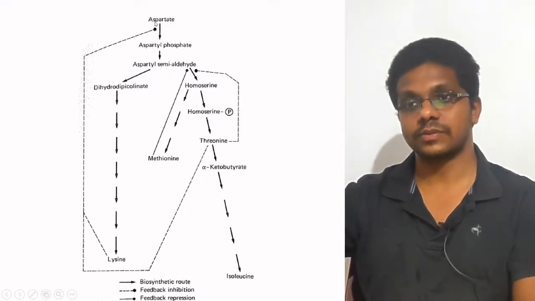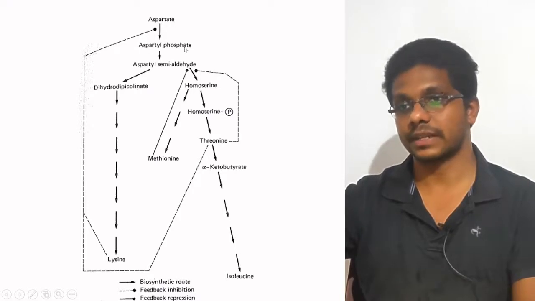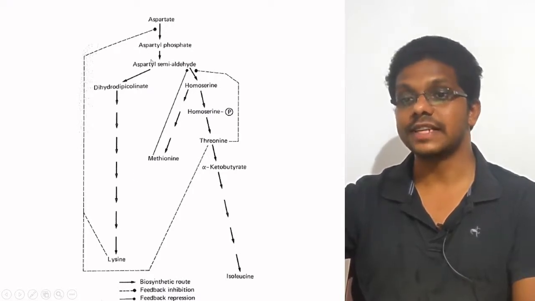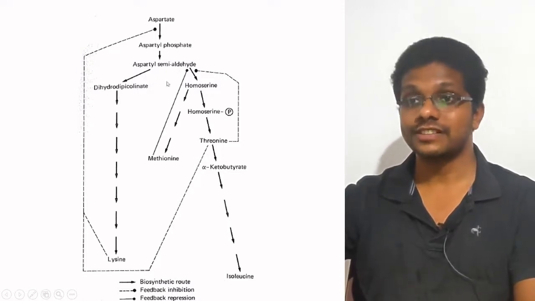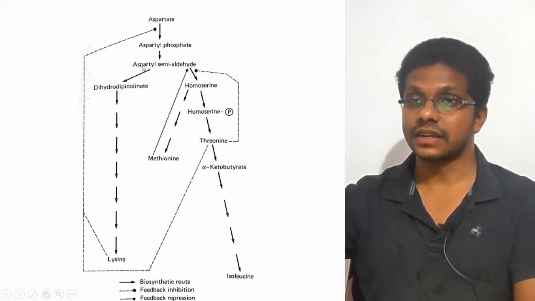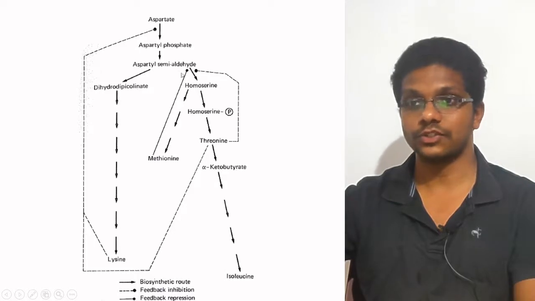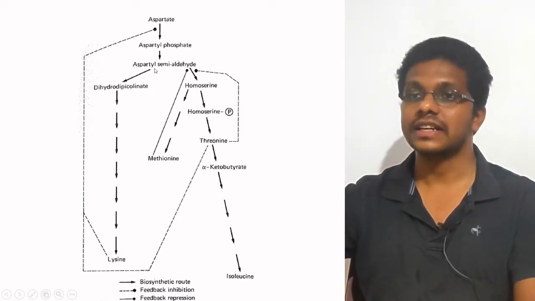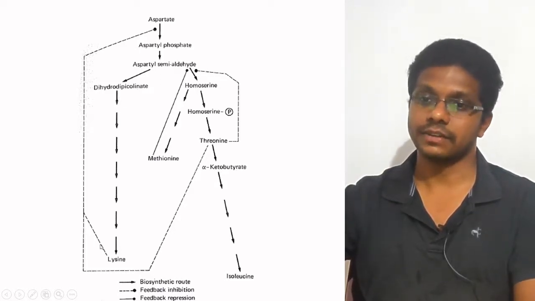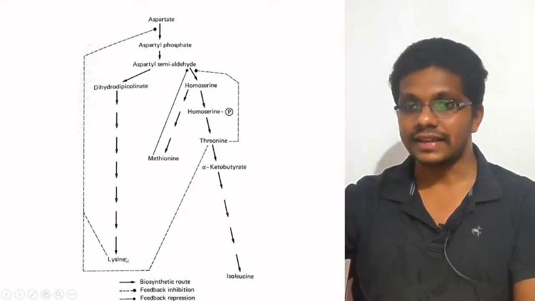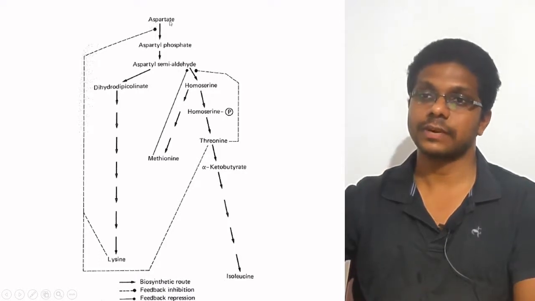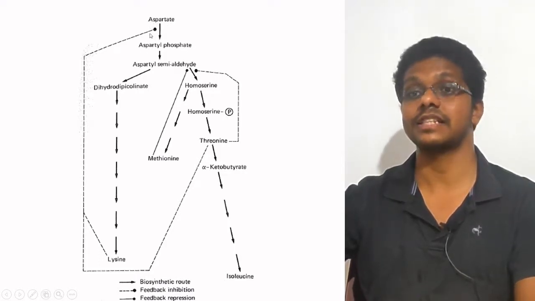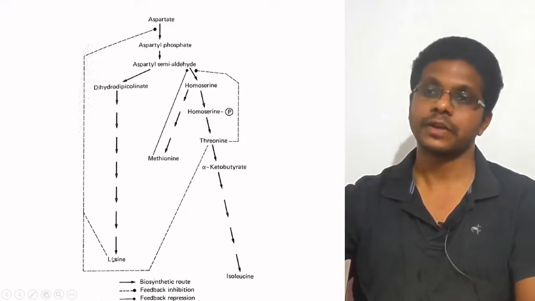So the enzyme responsible for the conversion of aspartate to aspartyl phosphate should be insensitive to lysine. So for lysine production, I want two different things. One, the enzyme which converts aspartate semialdehyde to homoserine should be blocked so that all the aspartate semialdehyde will be converted to lysine. Secondly, lysine may act as a feedback inhibitor, so the enzyme responsible for the conversion of aspartate to aspartyl phosphate should be insensitive to lysine inhibition.